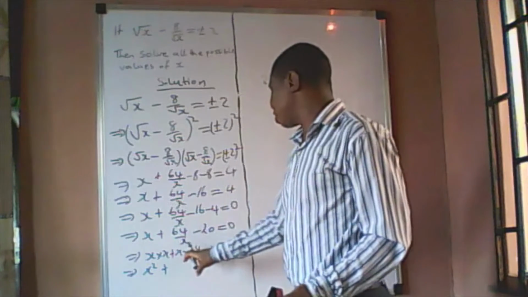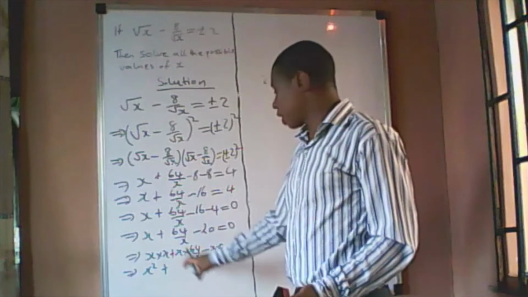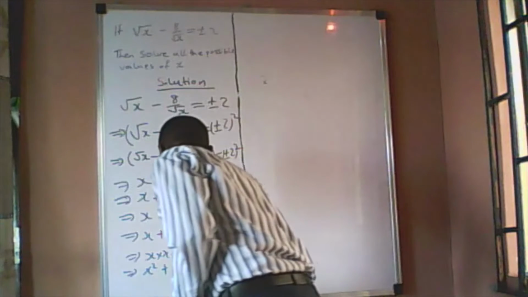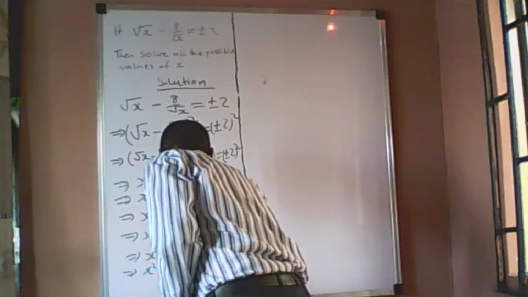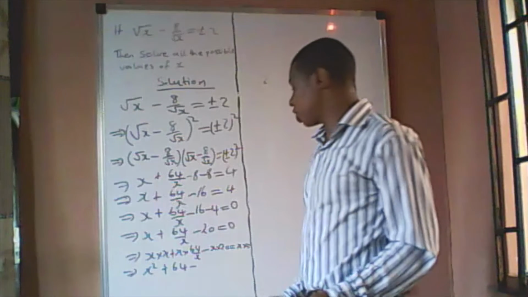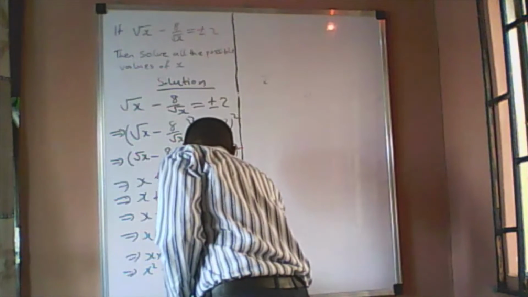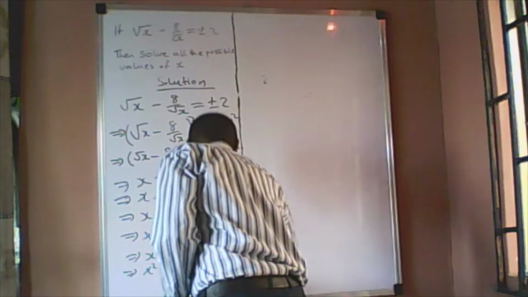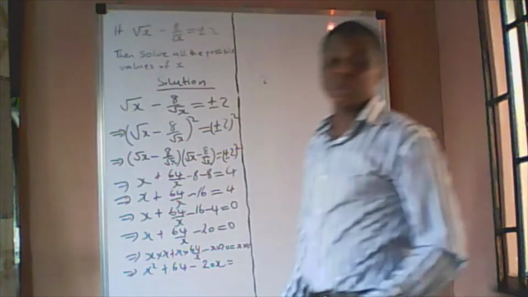Here x times 64 over x will cancel x. We have 64, minus x times 20 will give us 20x. x times 0 will give us 0.